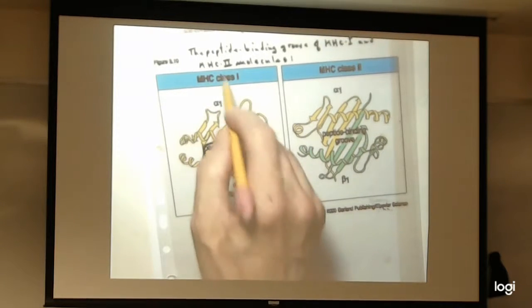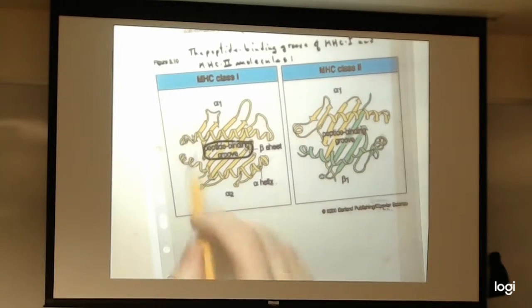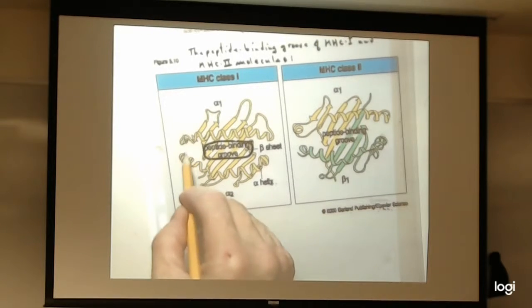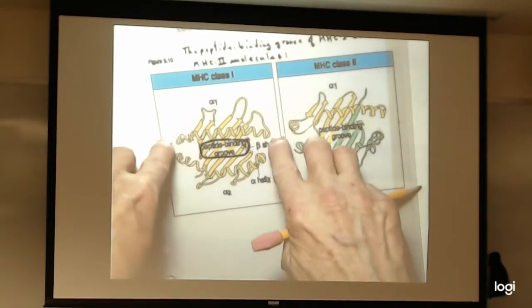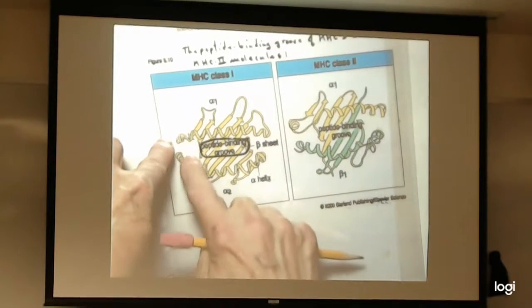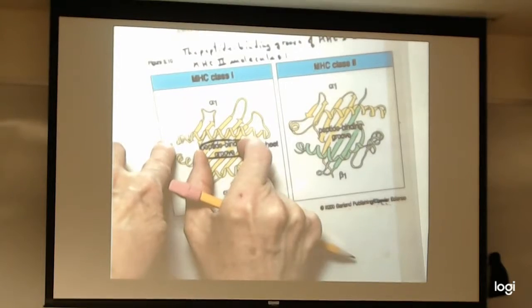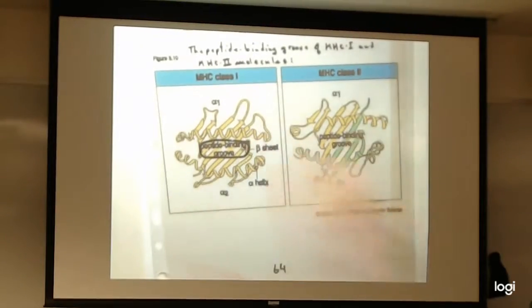In the case of class 1 molecules, the valley is closed at either end. So the peptide can't be longer. If the peptide were to extend from here to here, it wouldn't be able to fit in because it doesn't fit inside the walls of the mountains here. But for class 2, the valley is open-ended.